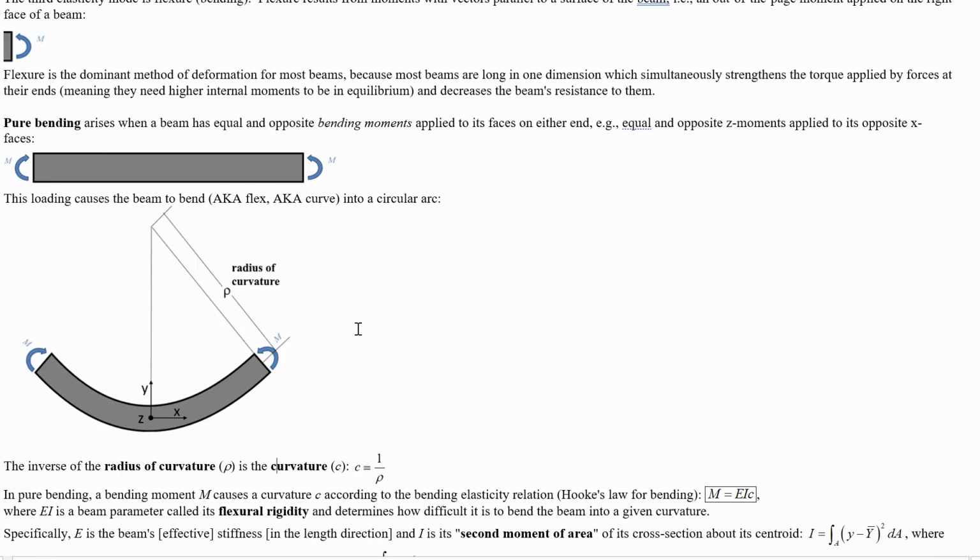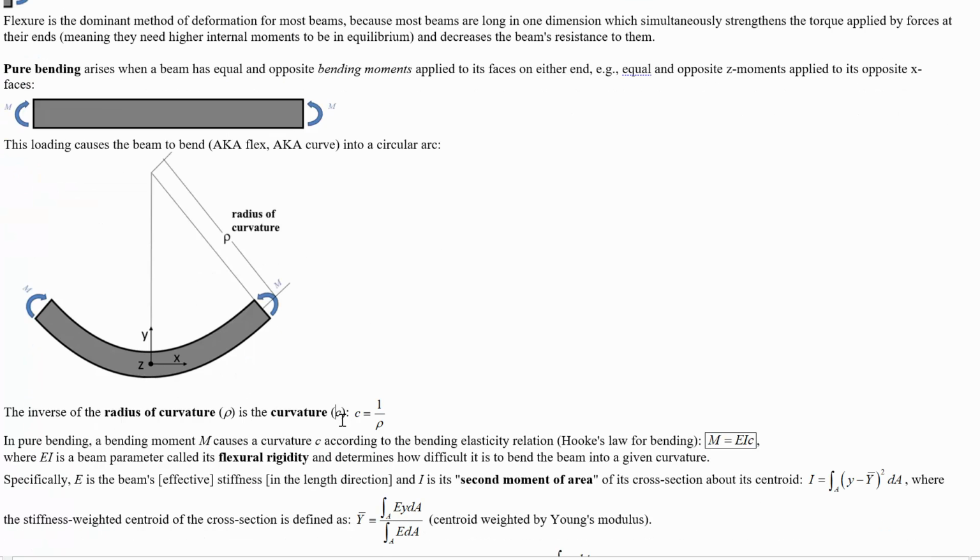So usually it's better to talk about the curvature, which is the inverse of the radius of curvature. This way, you can say that this beam has no curvature, and now we've got more curvature, right? We've bent it, and it's increased the curvature. If you want to relate that to a physical quantity, then you can take the inverse of the curvature, and that is the radius of the circle that we have bent the arc into.